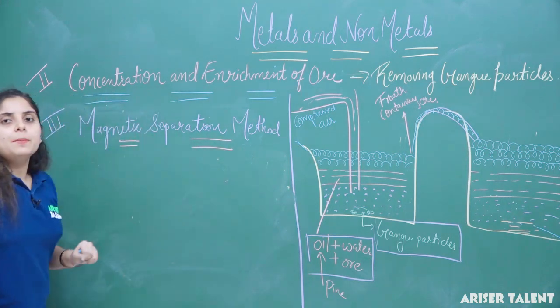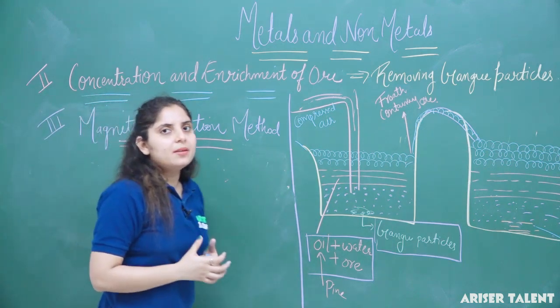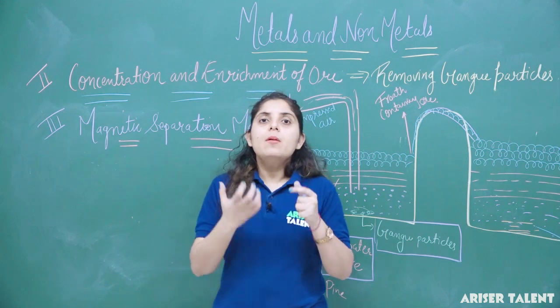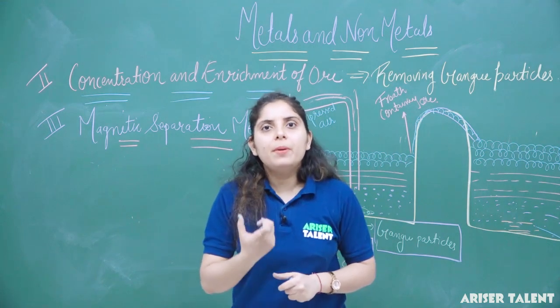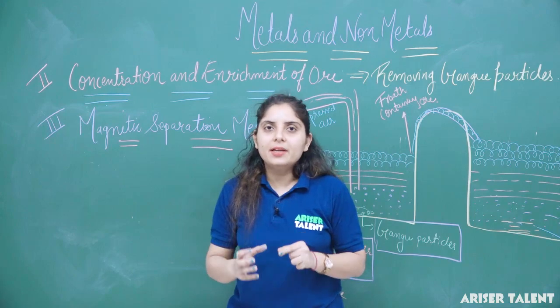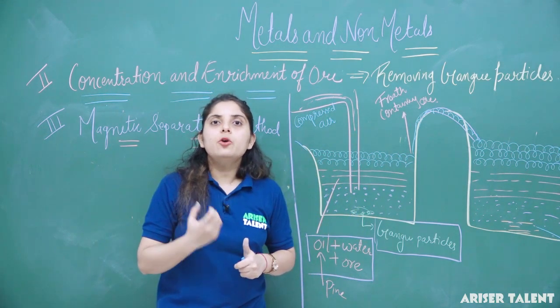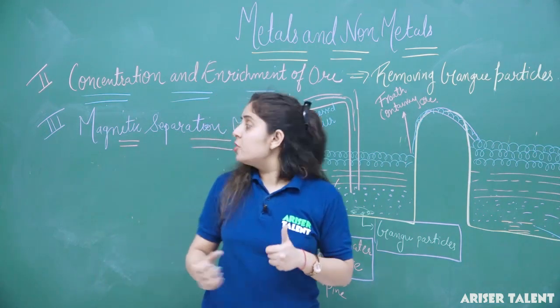As the name indicates, the magnetic separation method basically depends upon the principle that there is a difference in magnetic property between the ore and the gangue particles, and this method is actually used for iron, that is, the hematite ore can be concentrated or enriched by this process.